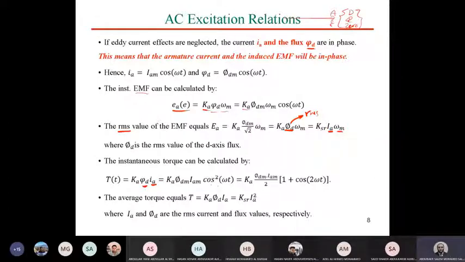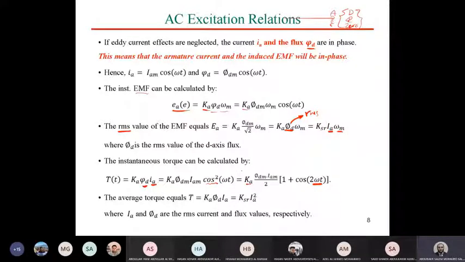If you get the equivalent of cosine square, it will be Ka multiplied by phi D maximum, Ia maximum over 2 multiplied by 1 plus cosine 2 omega t. 2 omega t means the frequency is doubled now, so it's double the supply frequency.